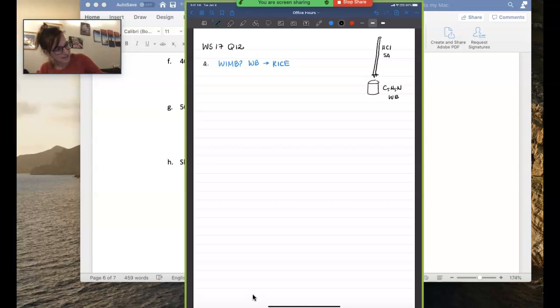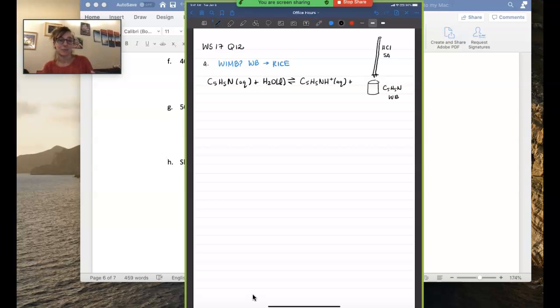So, with that, C5H5N, pyridine plus water gives us the conjugate acid. If pyridine is a base, it is a what? A proton acceptor. So the conjugate acid of pyridine looks like this, where it has an extra proton and then it went from a neutral to a positive formal charge.